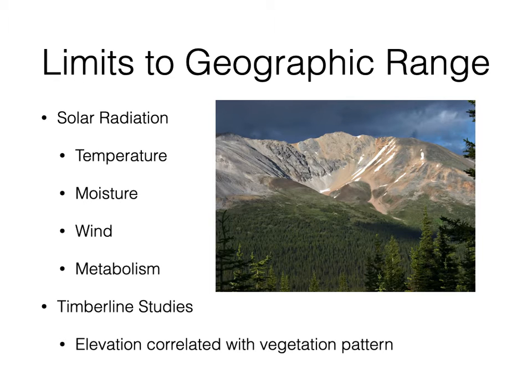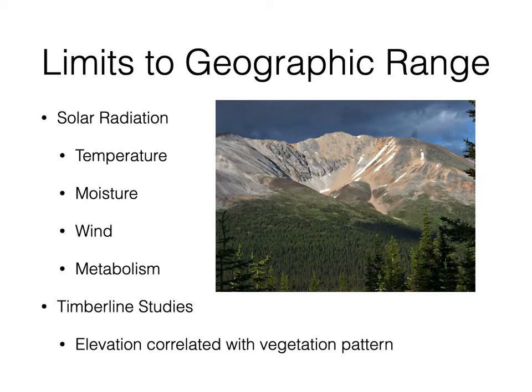At higher elevations, you don't see these large trees, these large structures, because it becomes difficult to maintain those large structures because there's not as much energy at these higher elevations and these higher latitudes. There's not as much solar radiation at higher latitudes on the globe.